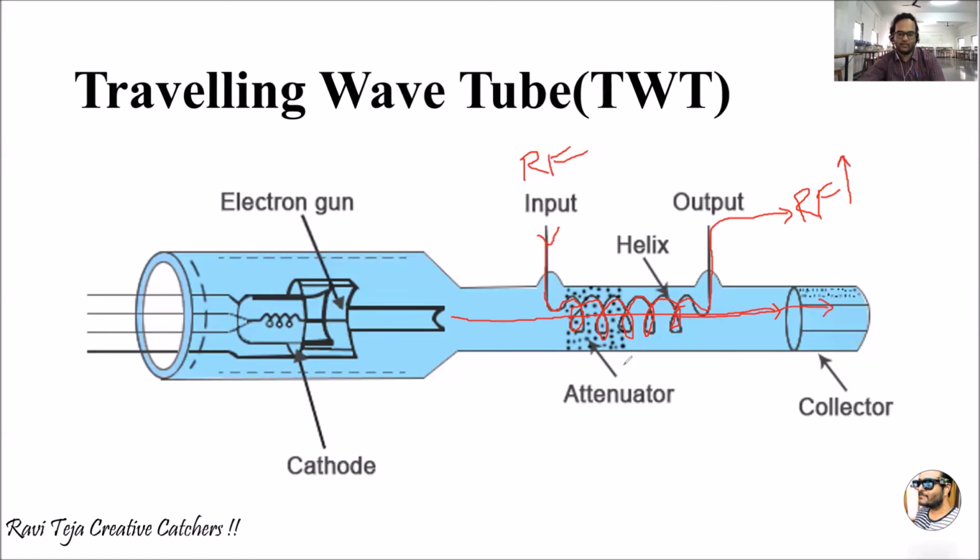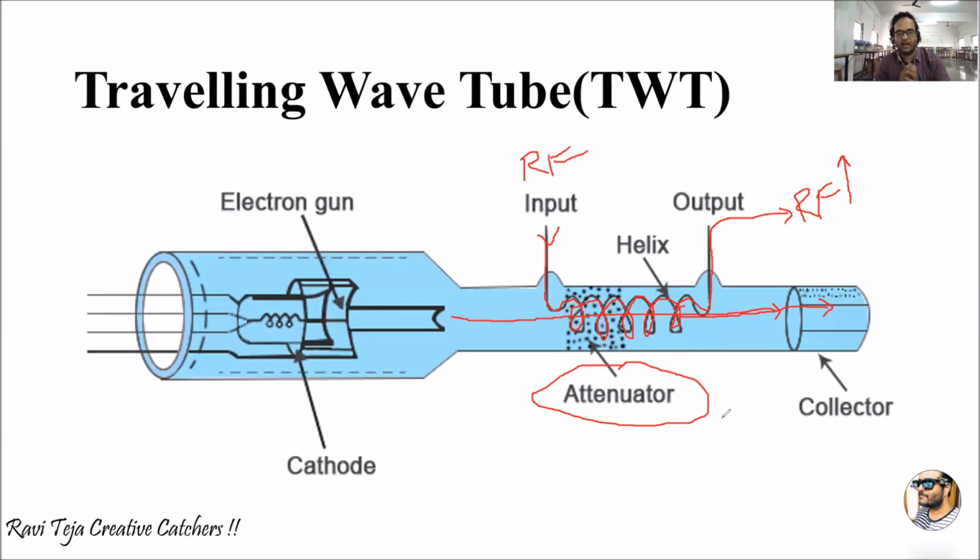If there are any power fluctuations or excess power, the attenuator looks after that. It maintains or balances the power of that particular signal. So this is how a traveling wave tube works. It is a simple structure which has a cathode with an electron gun at one end and a collector at the other end. In between there is a helical structure where the RF signal is given as an input, traveling at the speed of light.